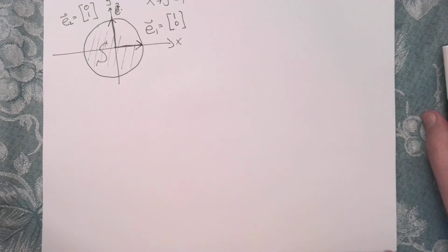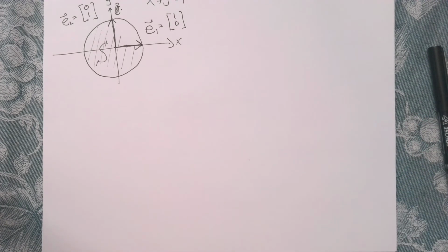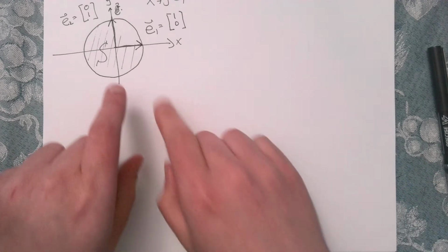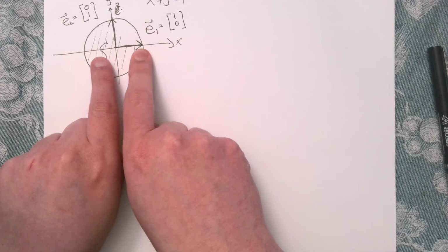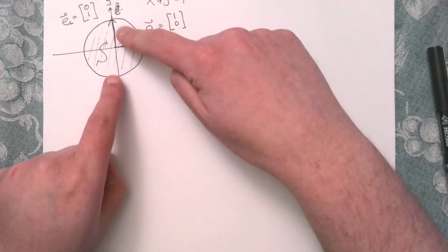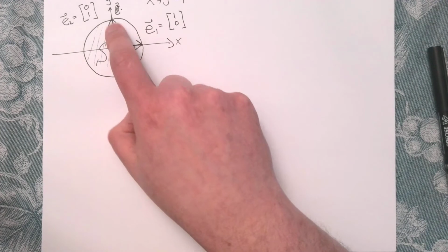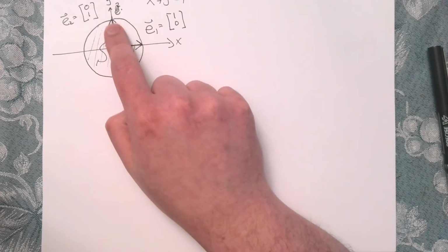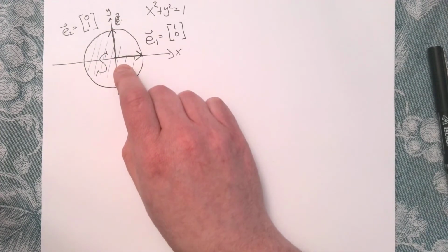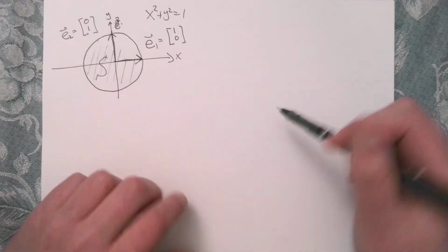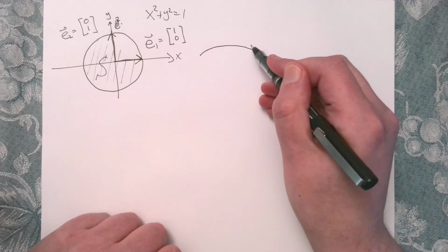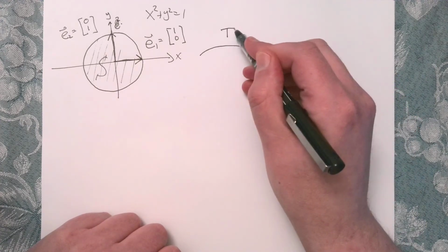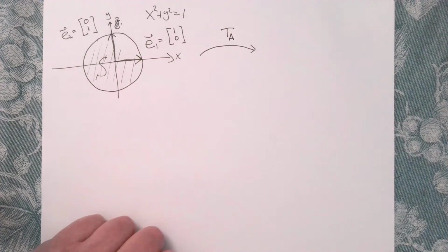And what do I want to happen? What I want to do to transform this into the ellipse that we've been talking about is stretch this, right? So instead of having length 1 here, it has length a. And then I want to stretch this so that instead of having length 1 here, I have length b. So that's my goal here. Imagine I apply some sort of linear transformation, and that's going to provide the stretch that we're looking for.